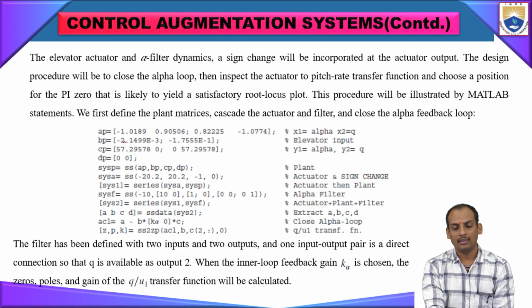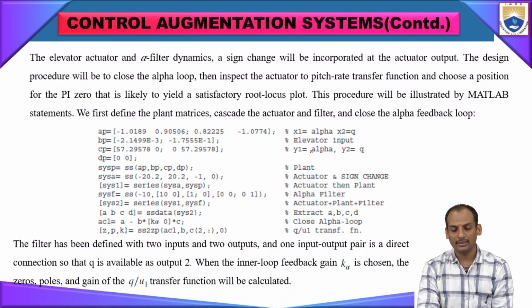See here, the coefficients like AP, BP, CP, DP are given, and the system P and system A, and the system responses have been given like series CCA and CSP, and ABCD will contain this one. The closed-loop matrix ACL will be A minus B star K alpha into K alpha 0 into C, so that ZPK will be the corresponding values.